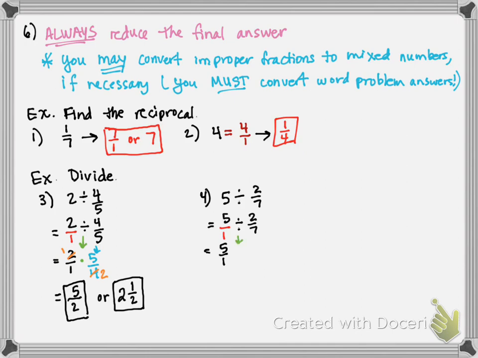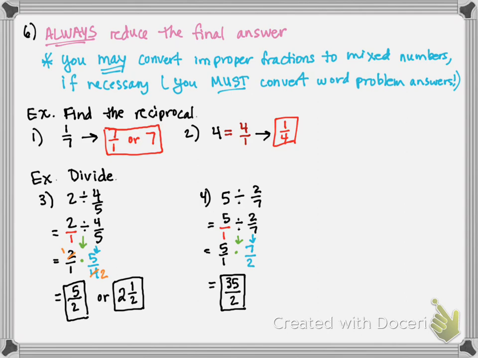I'm going to change division to multiplication, and I'm going to take the reciprocal of the second fraction, so 7/2. Now this one's interesting. I don't see any cross-canceling, so I'm just going to multiply straight across. Numerator times numerator. 5 times 7 is 35. 1 times 2 is 2. I can't simplify that. Even number can't go into that odd number. So there's my answer, 35 halves.